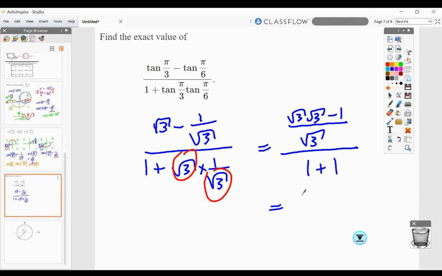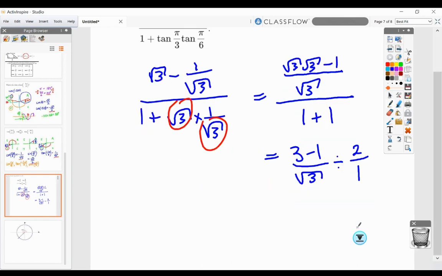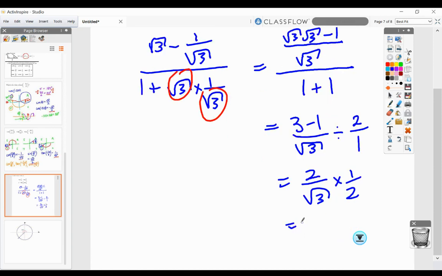Then root 3 times root 3 is 3. So you've got 3 minus 1 over root 3, and all of this divided by 2, so divided by 2 over 1. So let's simplify further. We've got 2 over root 3 times 1 over 2, which cancels down, incredibly, to 1 over root 3.